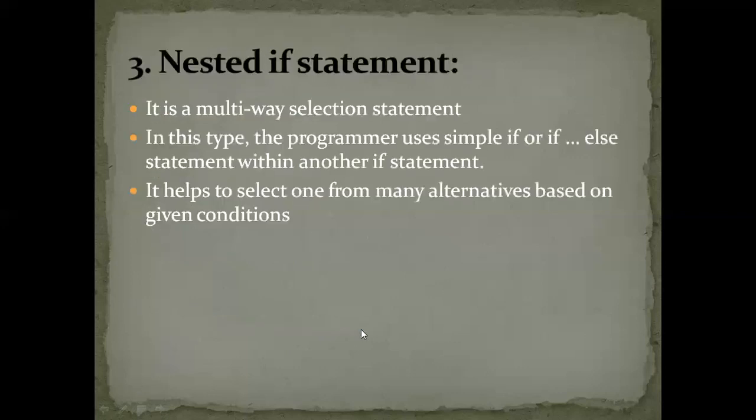Okay, move on to the next statement, that is the nested if statement. This is the third statement. It is also a multi-way selection statement. In this type, the programmer uses a simple if or if-else statement within another if statement.